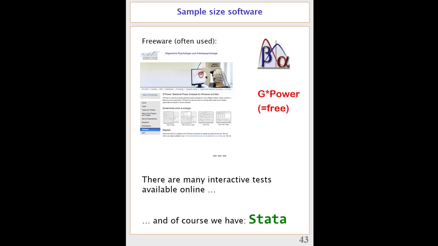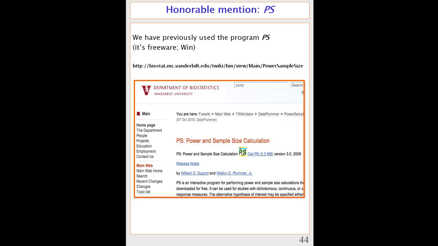And since I think version 12 or so from Stata, we can also do this in Stata. And one other one that I want to mention, just because it's relatively easy, is the program called PS for power and sample size. Also does nothing else than power and sample size calculations, also freeware. For Windows, by the way, that G*Power is also for a Mac. And that stuff will also work quite well for the simpler designs.